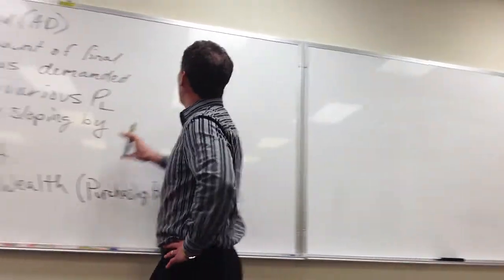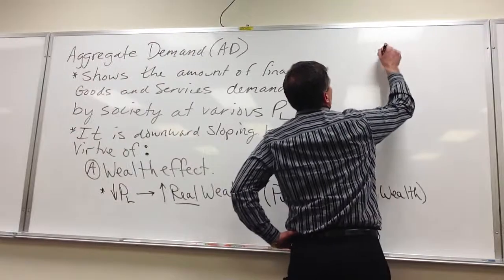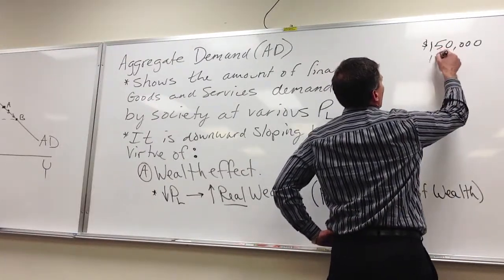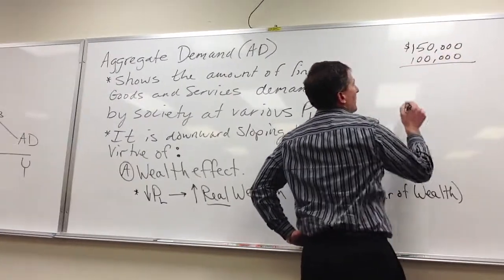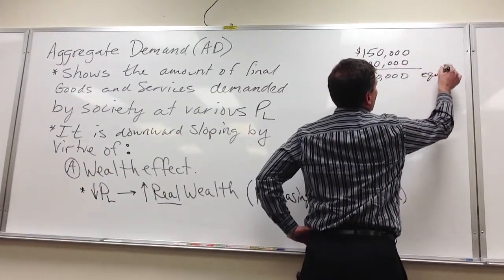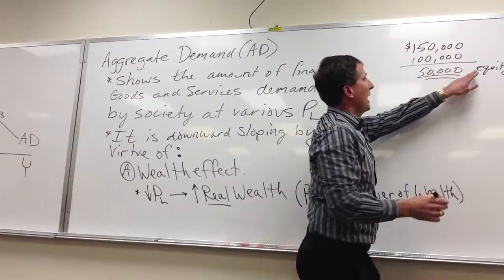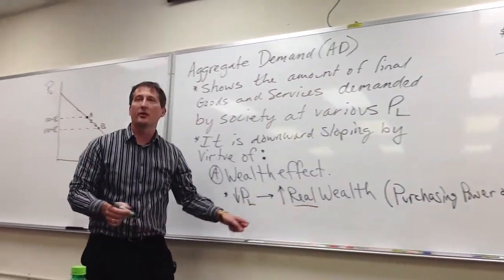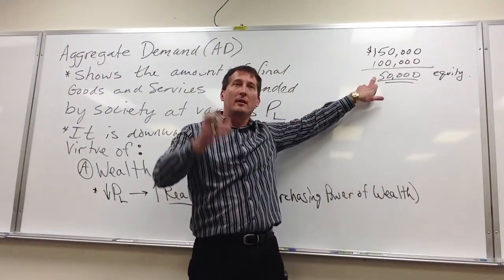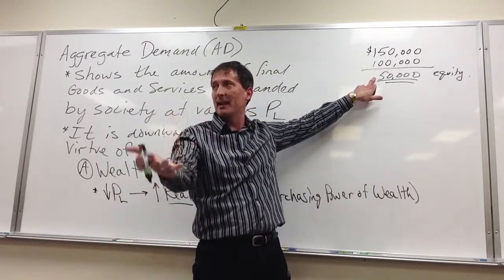So if you have a $150,000 house and you only have a $100,000 debt with the bank, you've got $50,000 worth of equity in your home. And equity is a contributor to your overall wealth. Now, you can't run to Walmart with equity and buy stuff off the shelves, right? So you'd have to ultimately sell it.